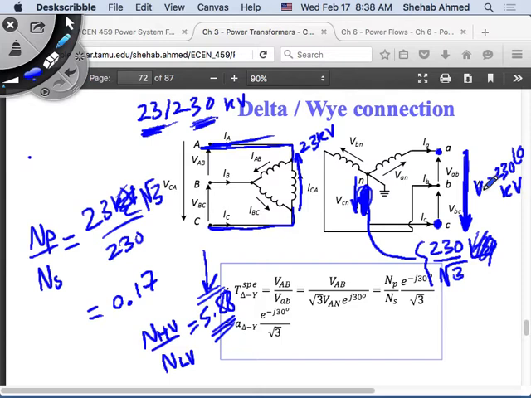Because remember, to draw a single phase equivalent circuit, not in per unit, I need to do this: n high voltage over n low voltage, square root of 3 e to the j 30. Always, the high voltage side is leading by 30 degrees, so I would always use n high voltage over n low voltage, instead of n primary over n secondary.